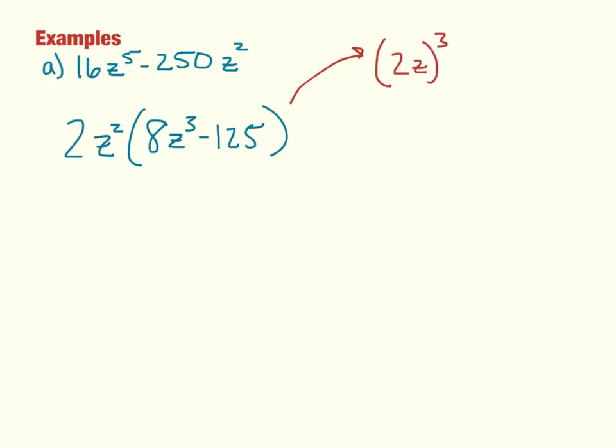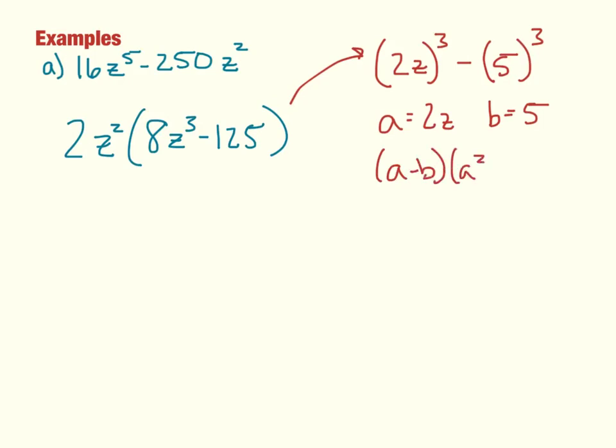So I have 2z cubed minus 5 cubed. So a is 2z and b is 5. This is difference of cubes because there's a minus sign, so I know it's all going to go into a minus b times a squared plus ab plus b squared.